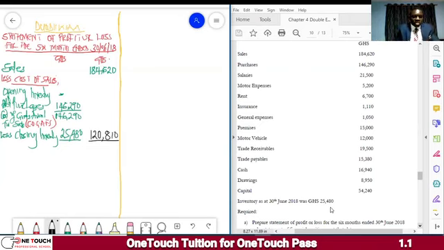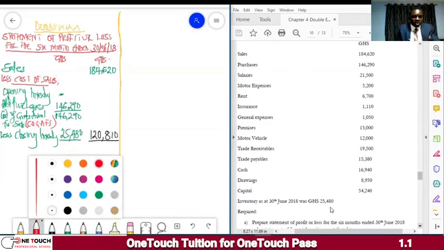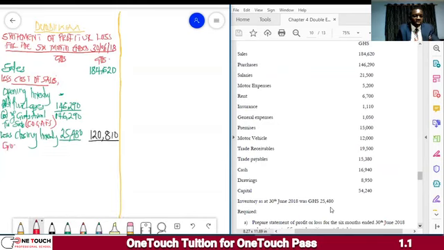The difference between sales and cost of sales is termed the gross profit. And that is 184,620 minus 120,810. That gives me 63,810.